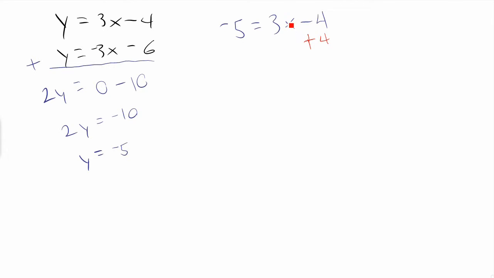I'm trying to get only x on this right side, so I add 4 to both sides, and negative 5 plus 1 is negative 1, and on the other side I get 3x. Next I divide by 3, because I'm trying to get x by itself, so I get negative 1/3 on one side and x on the other side. So my solution is this one point.